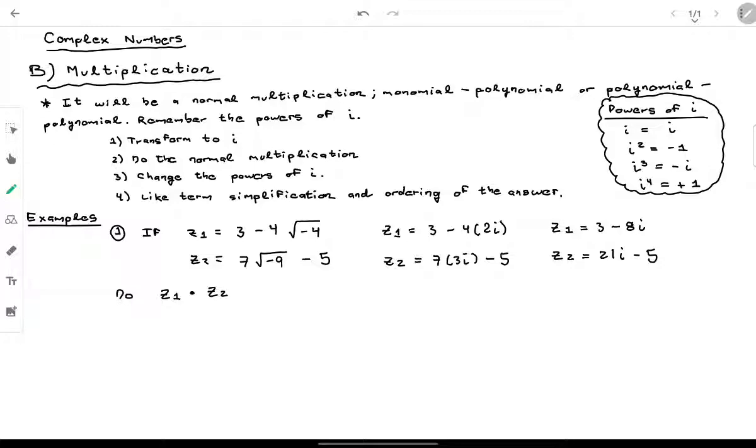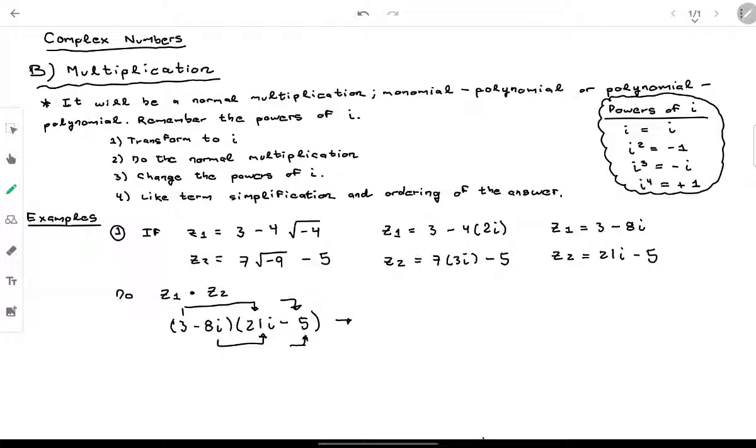That means it's going to be c1, 3 minus 8i, multiplying 21i minus 5. So in this case, we have a binomial times a binomial. The 3 will multiply this one and this one, and the minus 8i will multiply this one and this one.